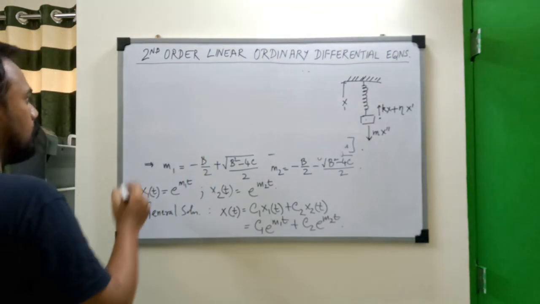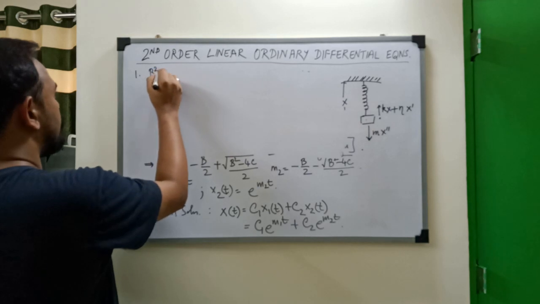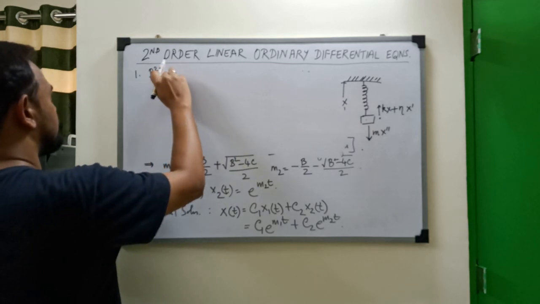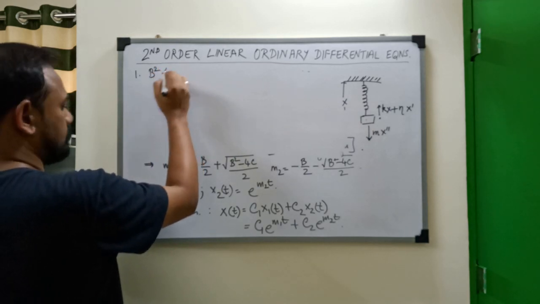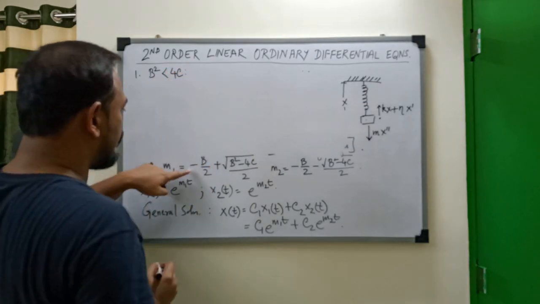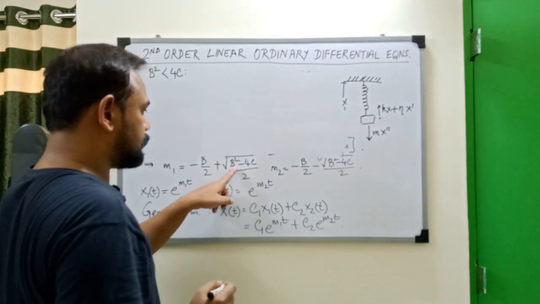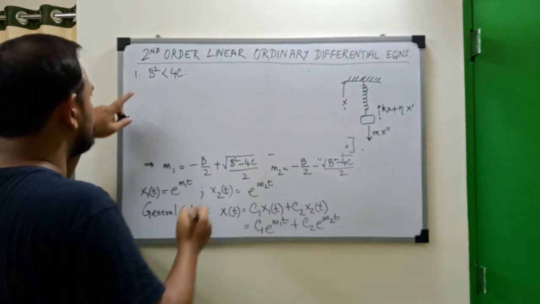The first case that can arise is, let's just do the less than one first, b square is less than 4c. In that case, these will become imaginary numbers because you have a square root of a negative number.